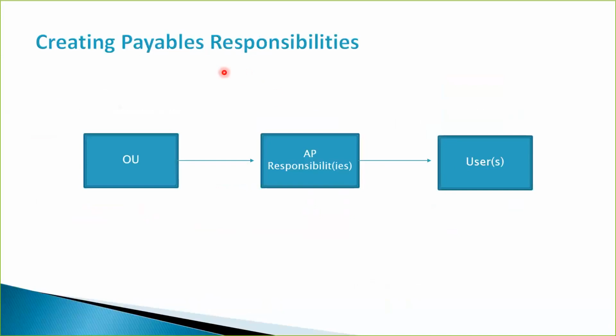So we know how to create responsibilities, and we know this is how the relation is: an operating unit which you assign to an AP responsibility or AP responsibilities, which you then assign to a user or multiple users, okay? So let's go and define these responsibilities and then assign the operating units to them.